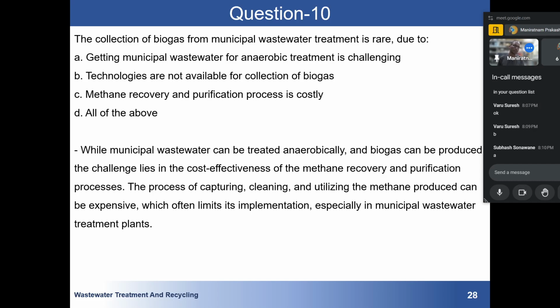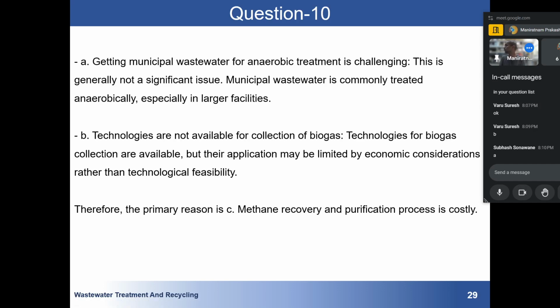But suppose if we want to produce energy from something, then it should be pure, not contaminated, otherwise it is less efficient in energy production. So the process of capturing, cleaning and utilizing the methane can be expensive, which often limits the implementation, especially in municipal wastewater treatment plants.